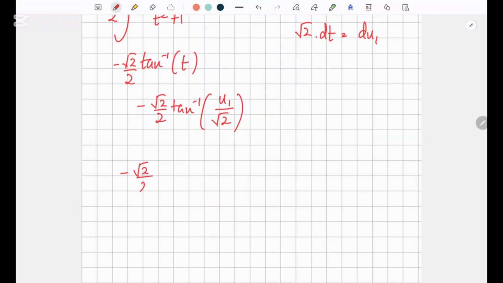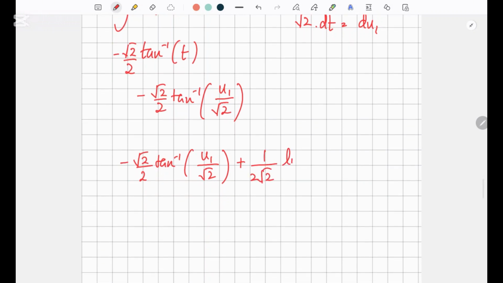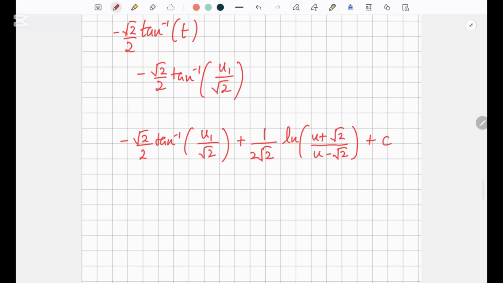So we have root 2 over 2 tan inverse u' over root 2 plus 1 over 2 root 2 ln of (u plus root 2) over (u minus root 2), which was our previous answer for the other fraction, plus c. Now let's put in our substitution.